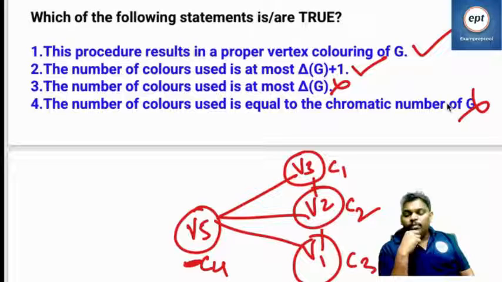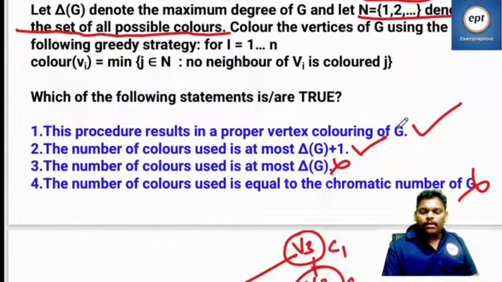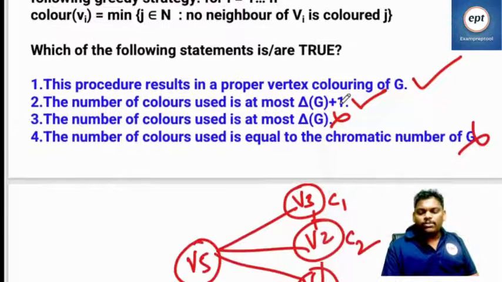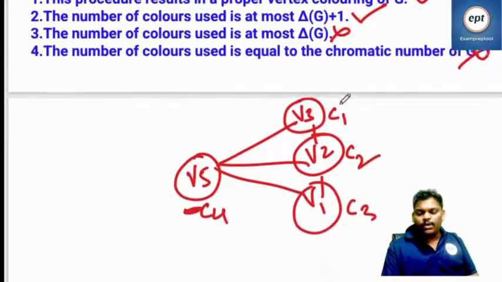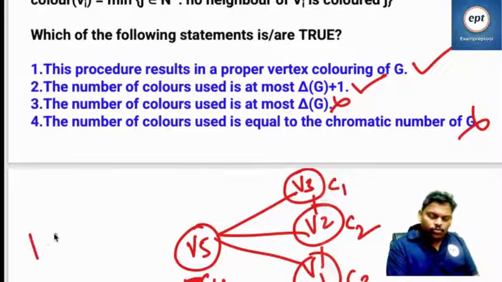Chromatic number means minimum number of colors needed. This algorithm cannot give guarantee minimum number of colors. So what is the answer for this one? Which of the following statements are true? 1 true, 2 true, 3 false, 4 also false. I think 1, 2.